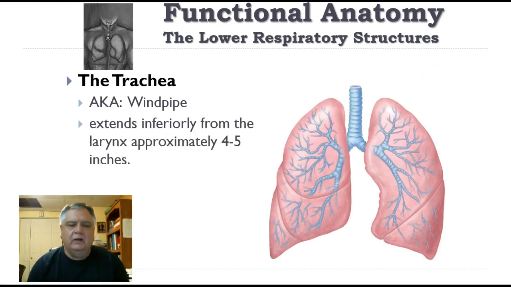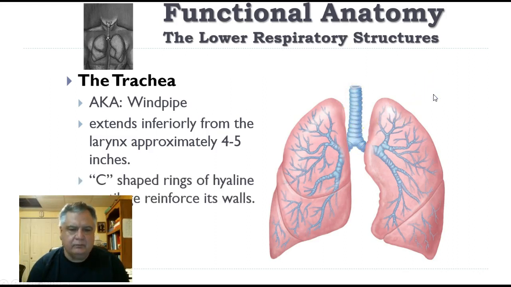The trachea is going to extend inferiorly, as we see in this diagram, from the larynx approximately 4 to 5 inches. So it depends upon the size of the individual as to exactly how long it's going to be. Notice in the trachea we can see these rings. These are rings of cartilage, hyaline cartilage, that reinforce the walls of the trachea.